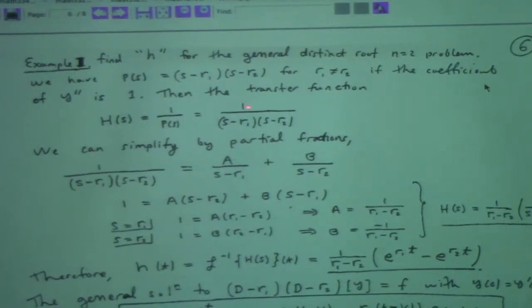That's the transfer function, we do partial fractions, you get this. So your h of s looks like that. The inverse transform is this. And when I take the convolution of h of t with f, I get this. And there you go. That is, in fact, the Green's function for this problem, derived by this convolution method.